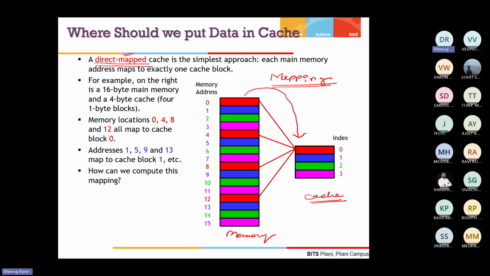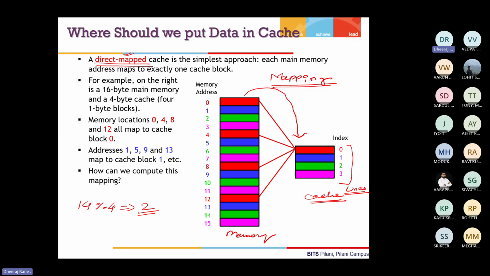You may see that whatever the memory address is, say it is 14, if I do the modulus, and overall I have 4 lines within the cache, then 14 modulus 4 will go to 2.